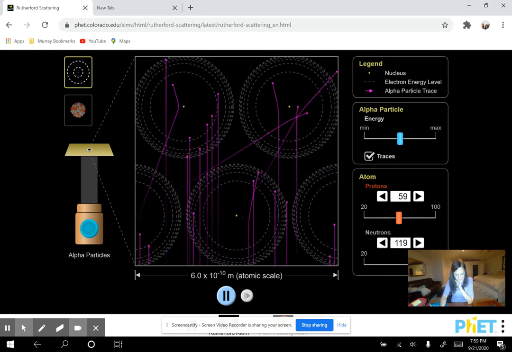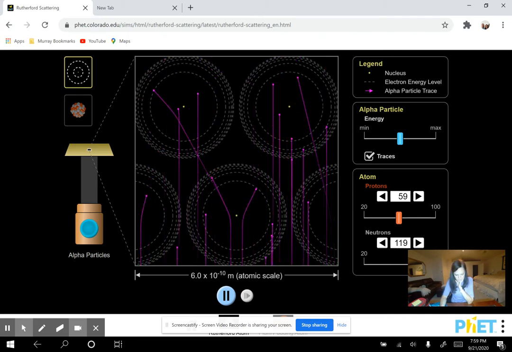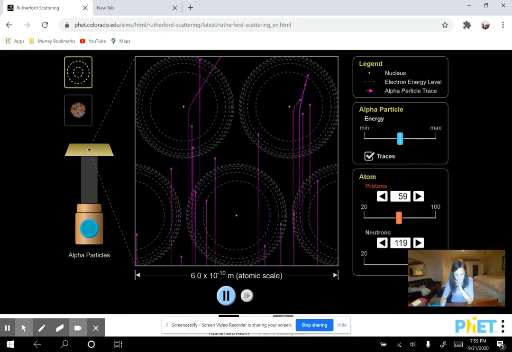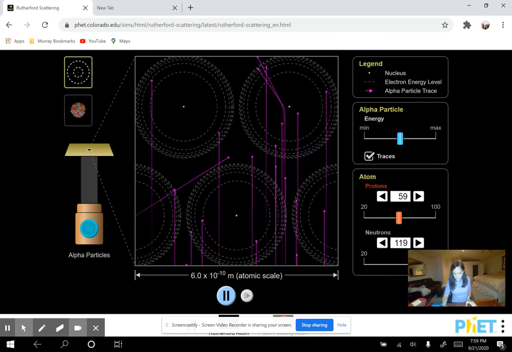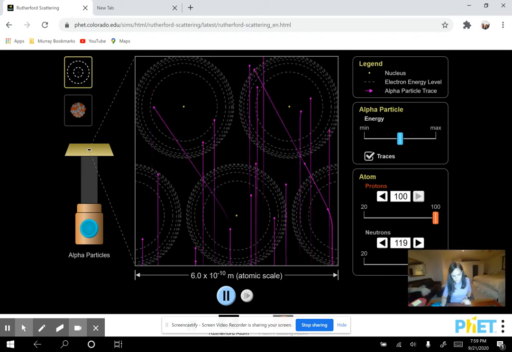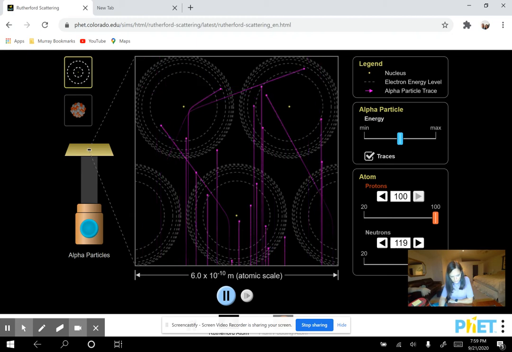Does it change from when we had 60 before with even more neutrons? Okay, let's up it to 100 again. See if it changed from when we had fewer neutrons. And let that go.